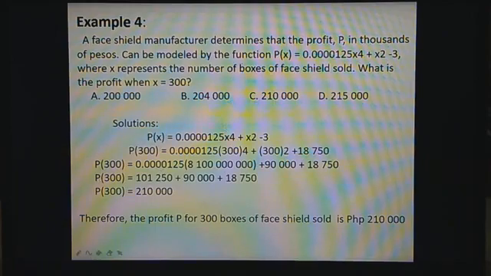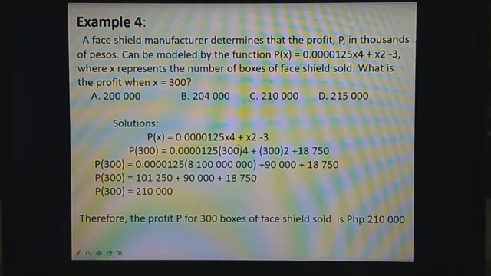So, if we multiply 8,100,000,000 by 0.0000125, it gives us 101,250. Then, plus 90,000 plus 18,750. If we add, it gives us 210,000. So the answer is 210,000, letter C.